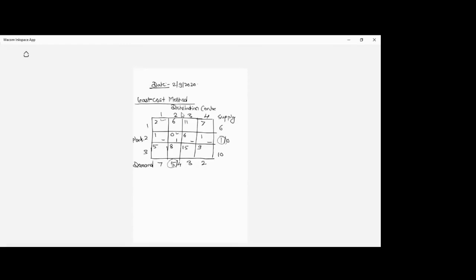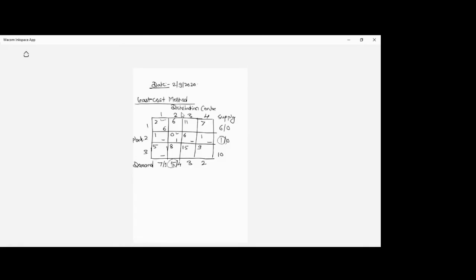So in this particular cell we can allocate the value of 6, and we will be exhausting this supply, and here also we'll have 1 million liter to be supplied as pending. After every allocation, you'll have to see whether the supply constraints and the demand constraints are met, and also you have to update all these cells as well.